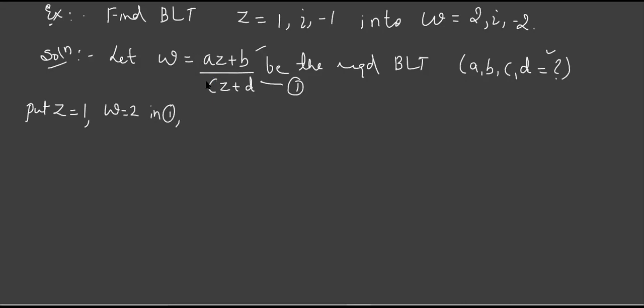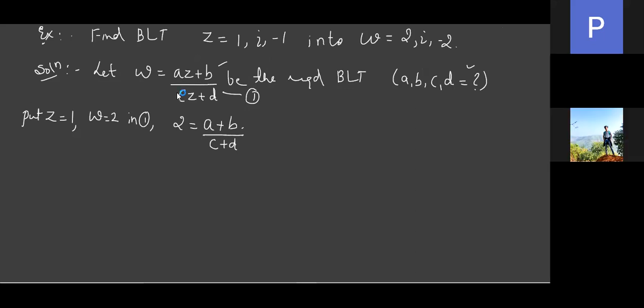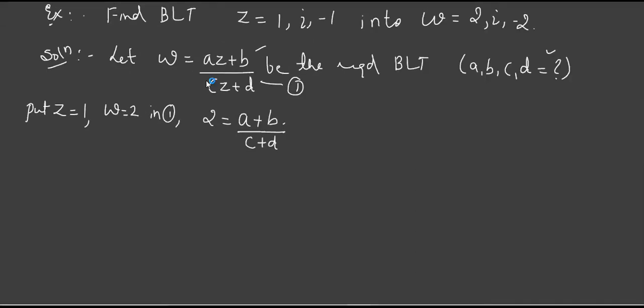So w is 2, and this is az plus b with z as 1, so it is a plus b divided by c plus d. Am I right? Is the part clear? Just a substitution.